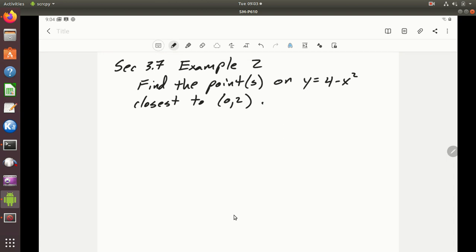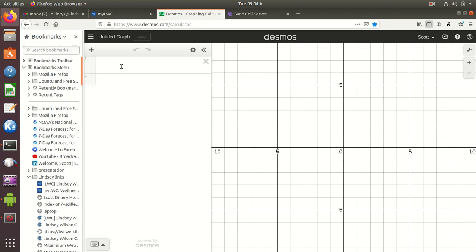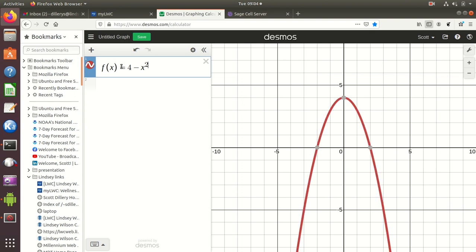Okay, so now I'm gonna switch over to Desmos real quickly, just so we can see this, and I'm gonna write it as f of x equals 4 minus x squared.